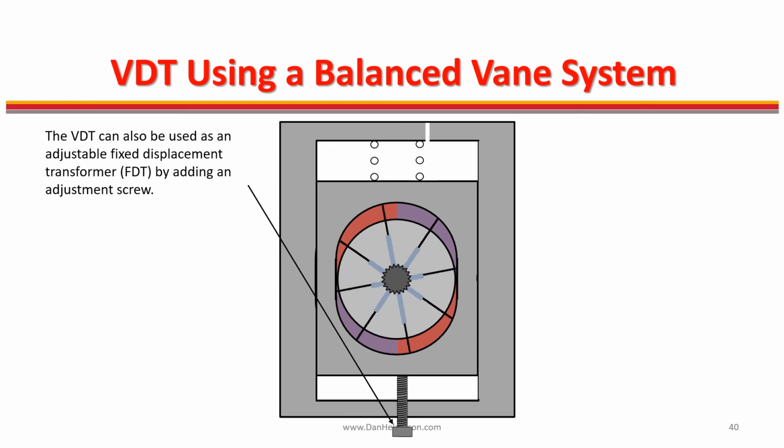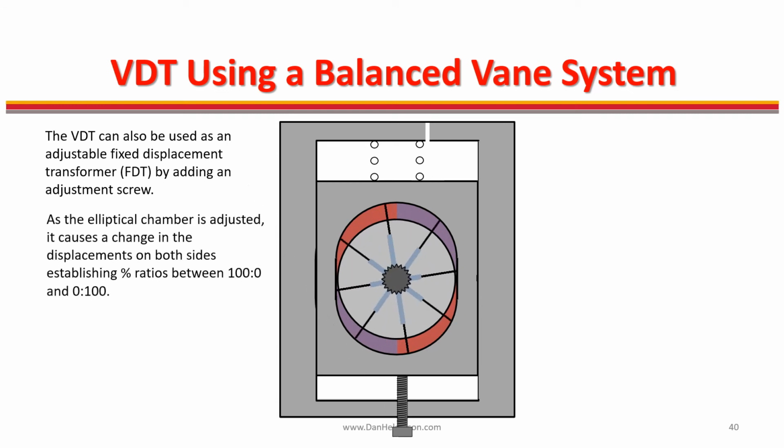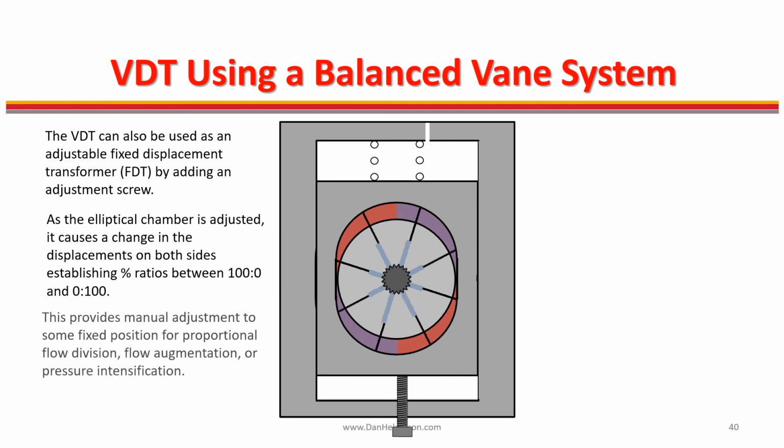The VDT can also be used as an adjustable fixed displacement transformer, FDT, by adding an adjustable screw. As the elliptical chamber is adjusted, it causes a change in the displacements on both sides, establishing percent ratios between 100 to 0 and 0 to 100.